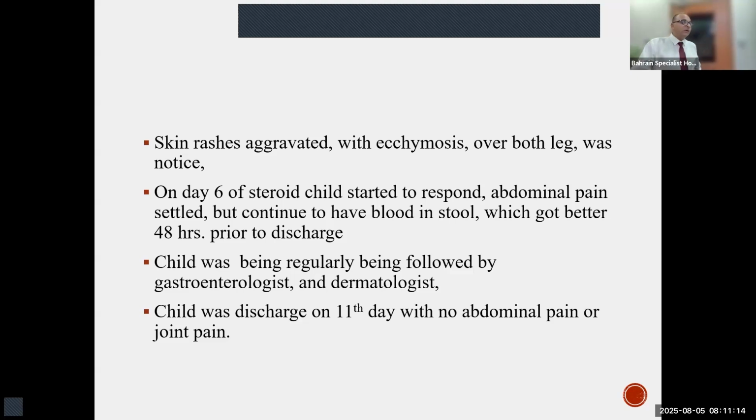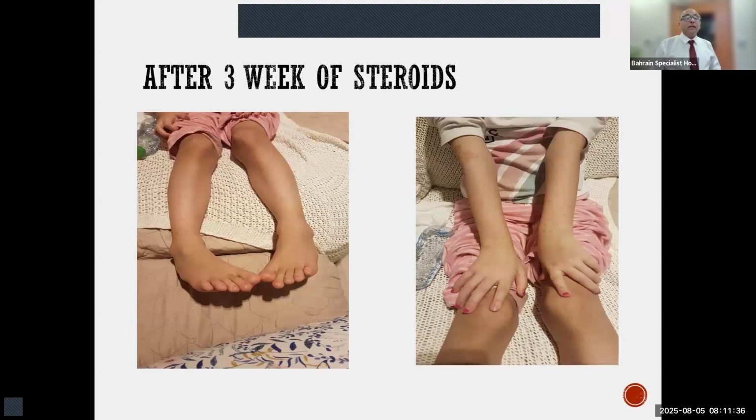There was no fever during the hospital stay, and after starting steroids there was no fever. The blood in the stool started getting better after a couple of days of IV steroids. The child was discharged on day 11 with no abdominal pain, no blood in stool, and no joint pain.